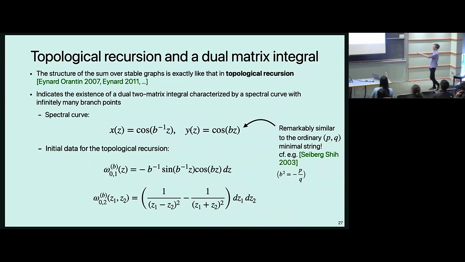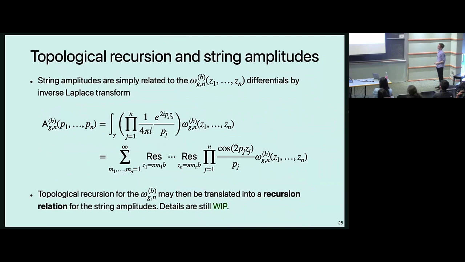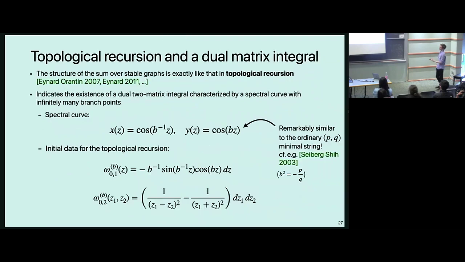You can change variables slightly so that omega 0,2 takes the standard form, but we like these z variables. Now, what the topological recursion does for you is it computes arbitrary differentials omega g,n, based entirely on this input, omega 0,1 and omega 0,2.